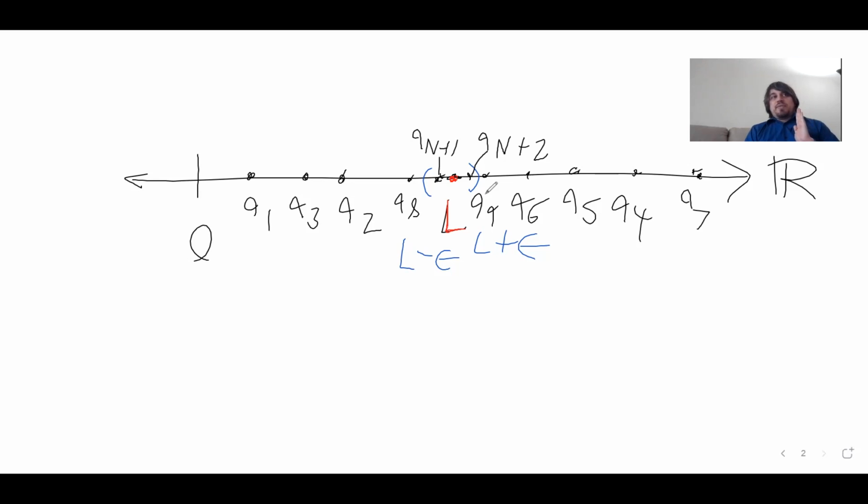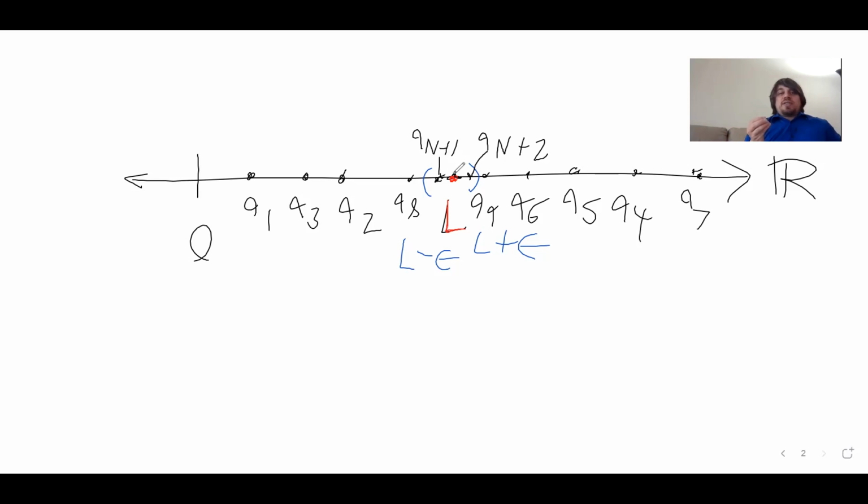If the limit of your sequence is 5, then according to the definition of limit, if I made this distance from the red dot to either endpoint 1 millionth instead of 1, eventually all the terms of the sequence will be within a millionth of that point L.